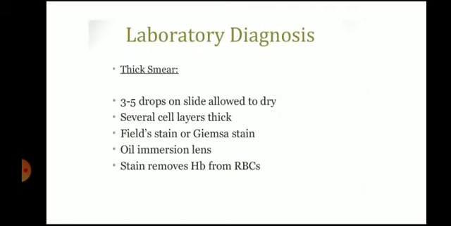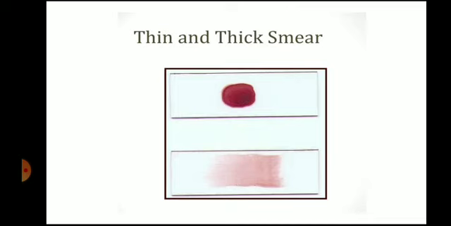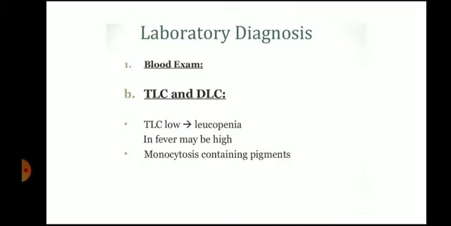Thick smear: 3 to 5 drops on the slide are allowed to dry. Several cell layers thick are made, and it is stained with either Giemsa or Field's stain and seen under the oil immersion lens. The stain removes Hb from the RBCs. This is thick smear and thin smear. Total leukocytic count and differential leukocytic count: usually there is leukopenia and monocytosis, with pigment-containing monocytes seen.